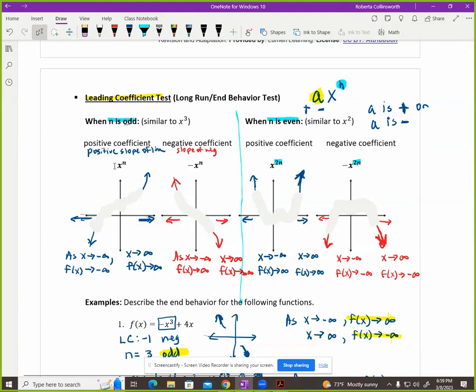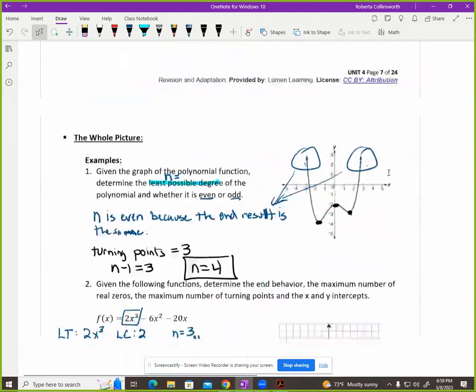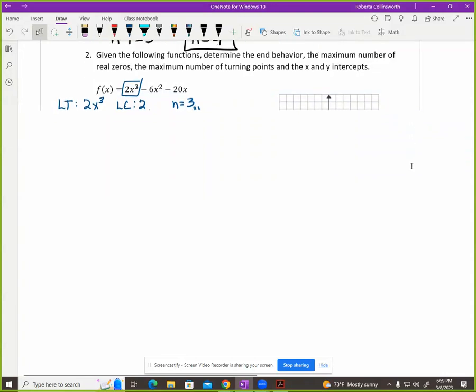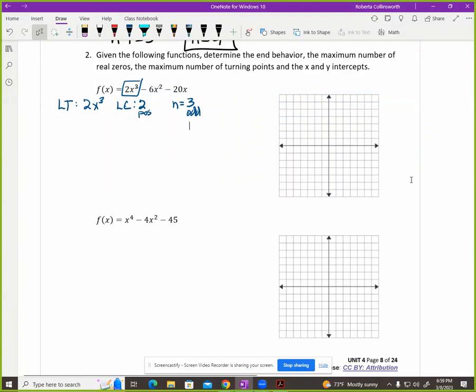N is odd, and the leading coefficient is positive. I lost my picture. There we go. So I know it's going to have opposite end results, something like that. I'm just going to put that there to remind me what it is.